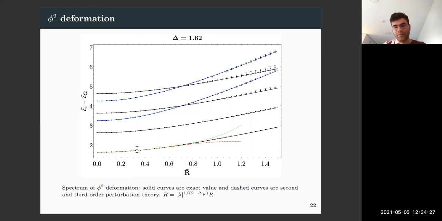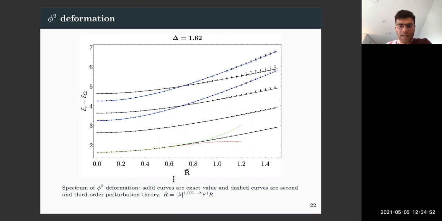As you can see, they go off right after 0.6, 0.7, which is the radius of convergence of perturbation theory in this particle delta here. And they're far off. The red one is the second order perturbation theory, the green one is third order perturbation theory. They are off at this point, but Hamiltonian truncation, with its errors, is still very close to the exact value.